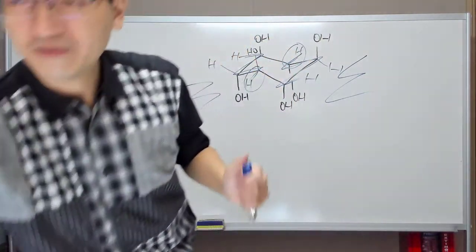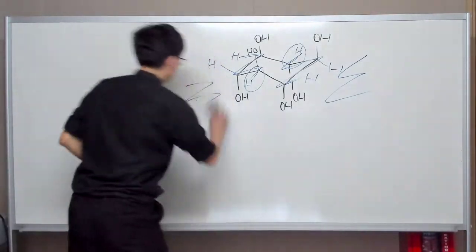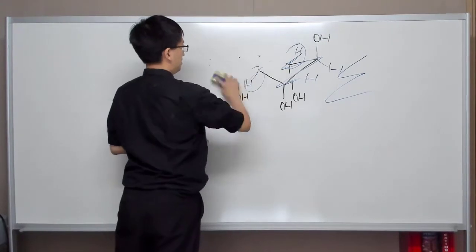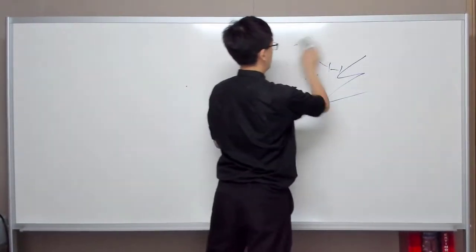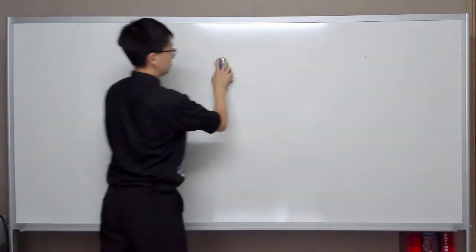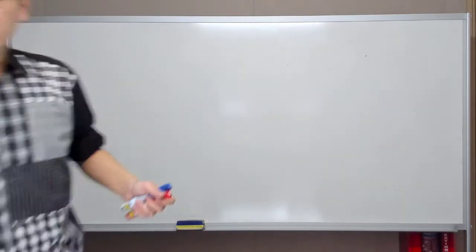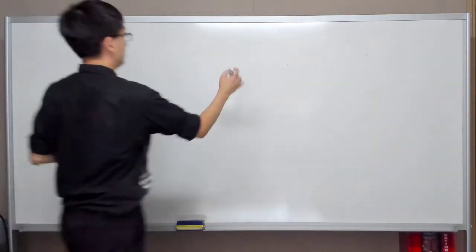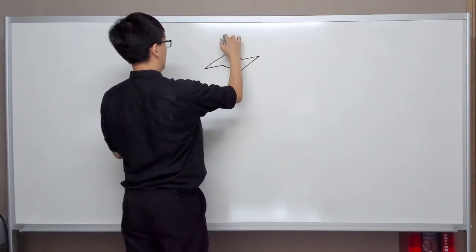So I'm going to illustrate this by doing some numbering. As this diagram is a bit messy, I'm just going to redraw it so that you can tell. Right now I'm going to use the black marker. Again, this is the chair conformation we started off with.